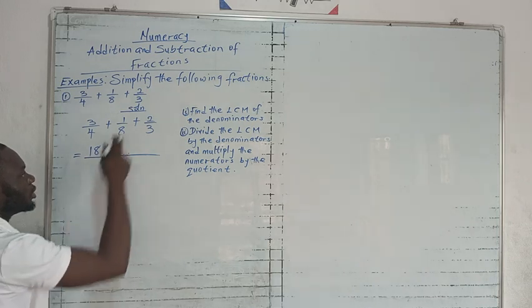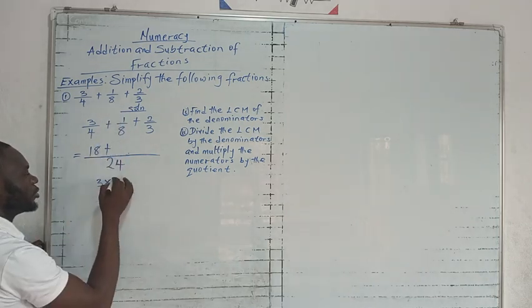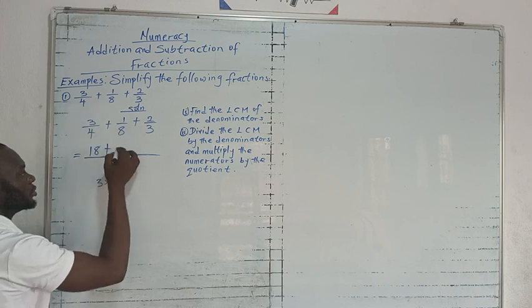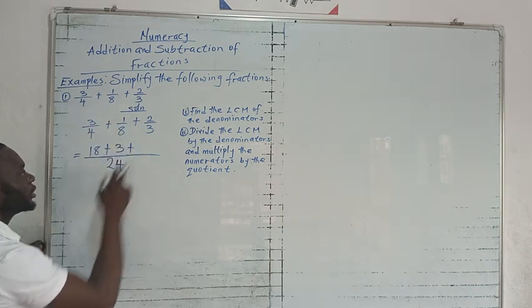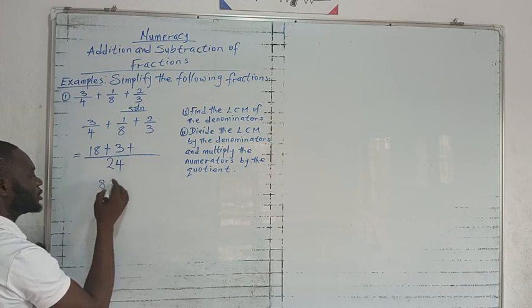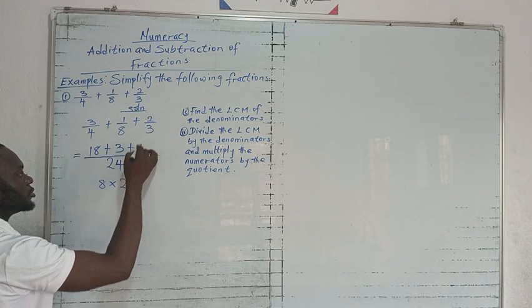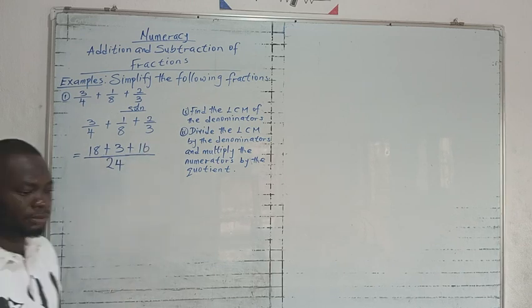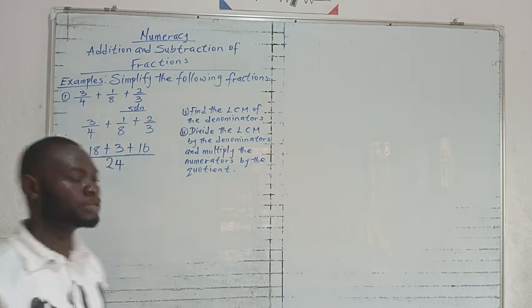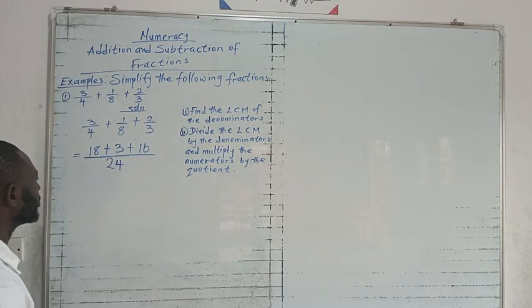Plus 8 divide 24, 3 times 1, 3. Plus 3 divide 24, 8 times 2, 16. This is the right thing we should have done. Sorry about that mistake. A very costly one.